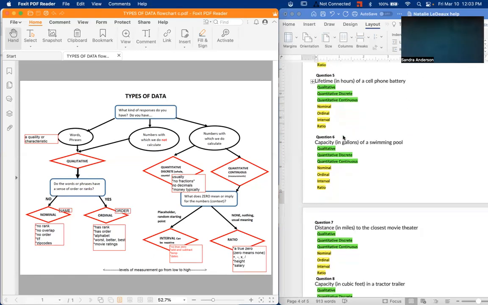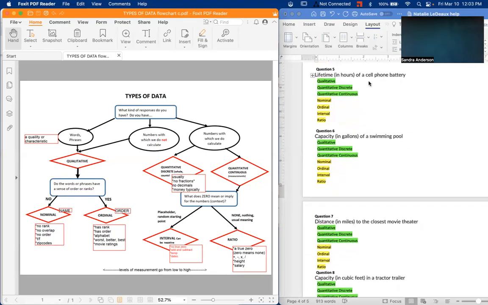Then lifetime in hours of a cell phone battery. Lifetime in hours, that's a number of hours. So that is going to be quantitative. And we need to know if it would be continuous or discrete. Can we actually count the hours, or could it have decimals and fractions? Is it a measurement?